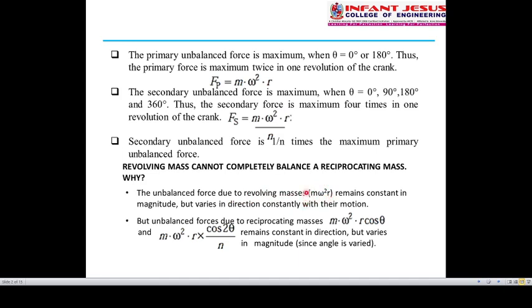In a revolving mass, this value is constant in magnitude, but the angle varies.